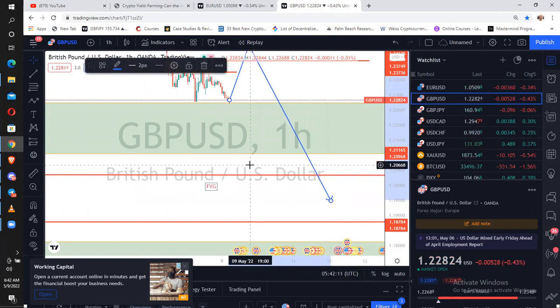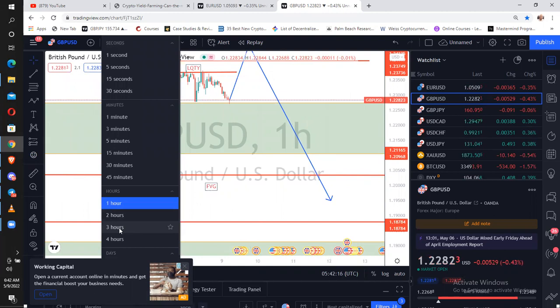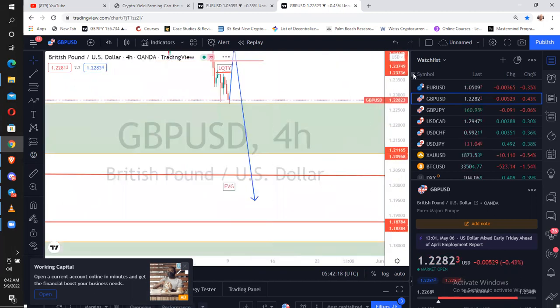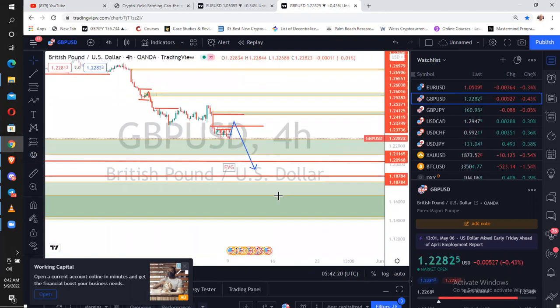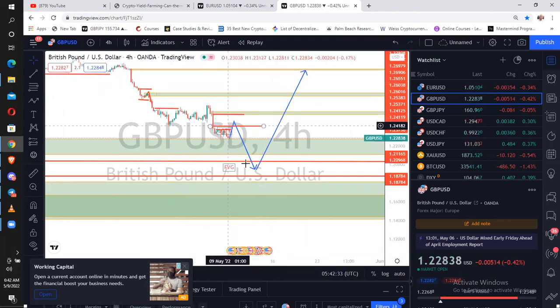When they trade into this FVG, then on a higher time frame, I'll be expecting to see something like this, and up. This is what I would like to see these guys do.